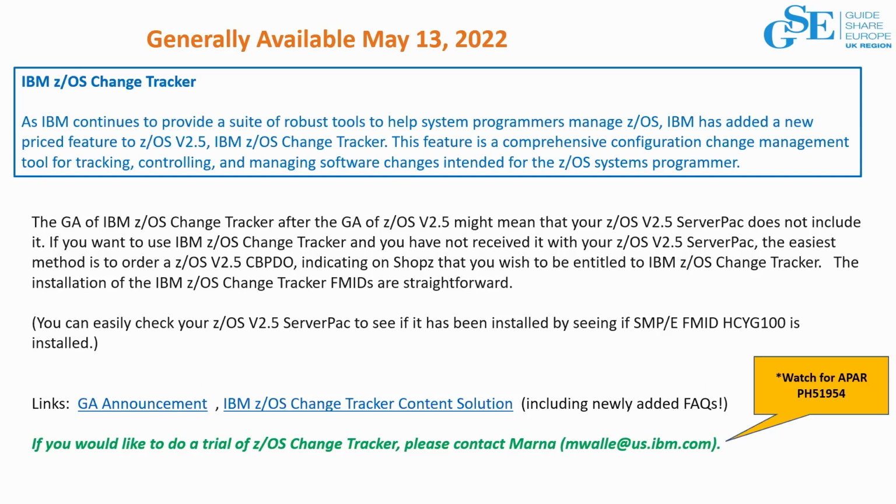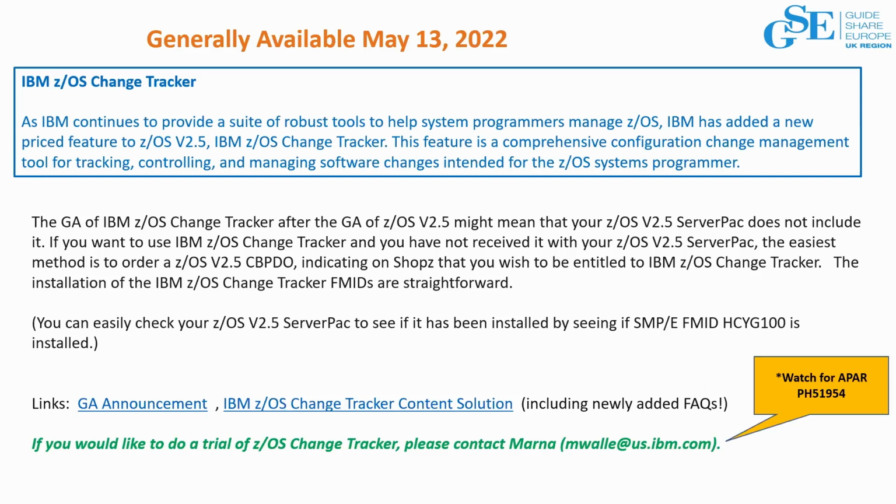So you may want to check your server pack and see if it has the FMID HCYG100. If not, you may need to get an update to your server pack, order a CBPDO if necessary.